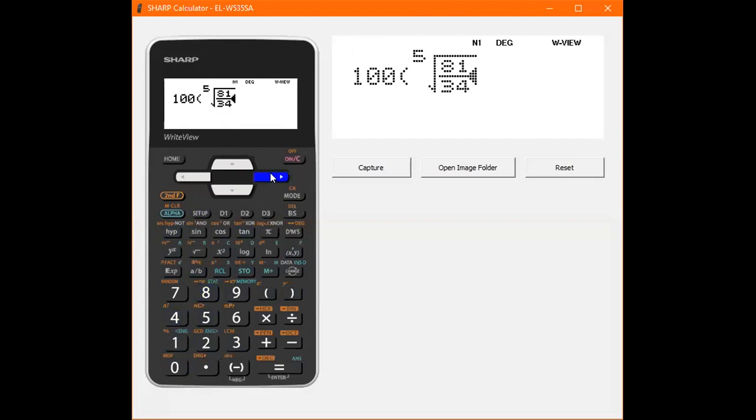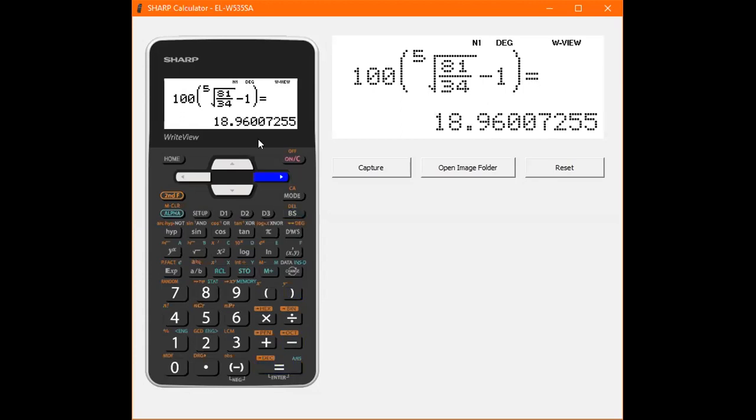And then we get out of the fraction. And then again, you need to press right again to get out of the root. And then say minus 1. If you don't get out of the root, it's going to change your answer completely. So just be aware of that, okay? And of course, our rate is 18,96, so almost 19% growth rate per hour.